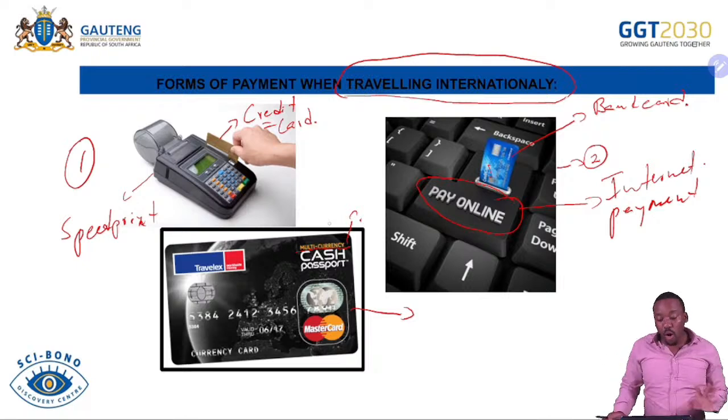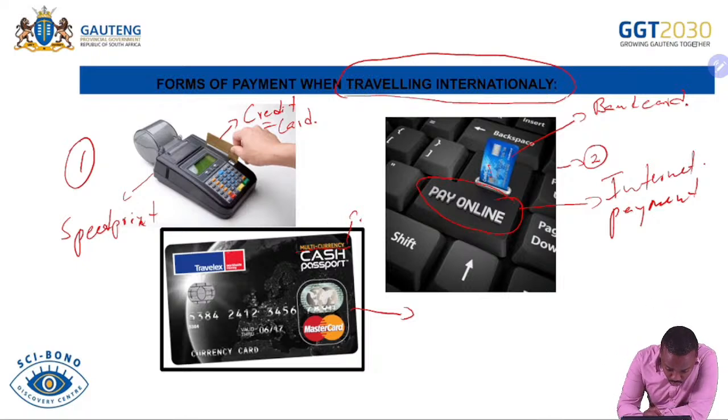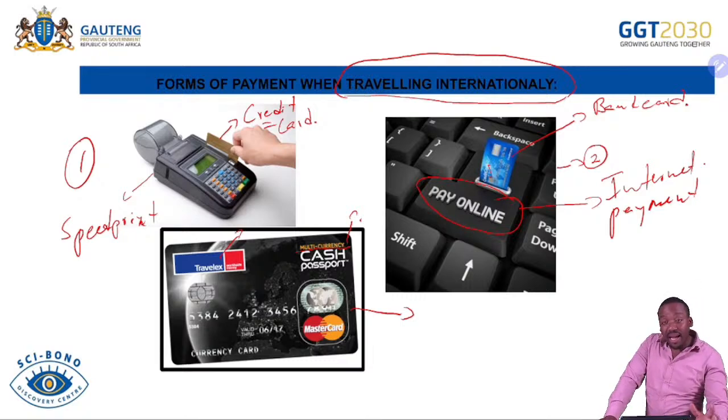Also when you check it, it says Travelex, right? So this one is known as a cash passport. It is a multi-currency card. Obviously, I'm going to explain it later in terms of how you obtain this card. When it says multi-currency, obviously it means this card can load different types of currencies, depending on the country that you are visiting or will be visiting.